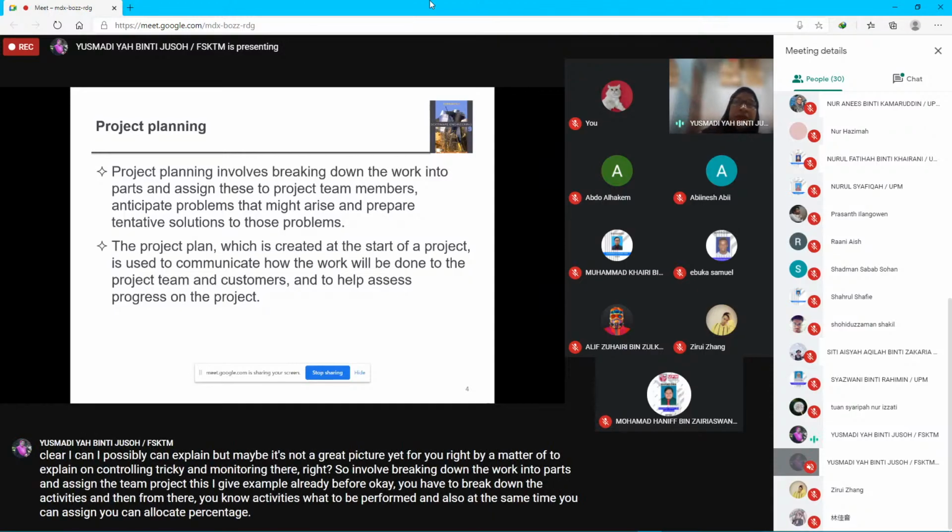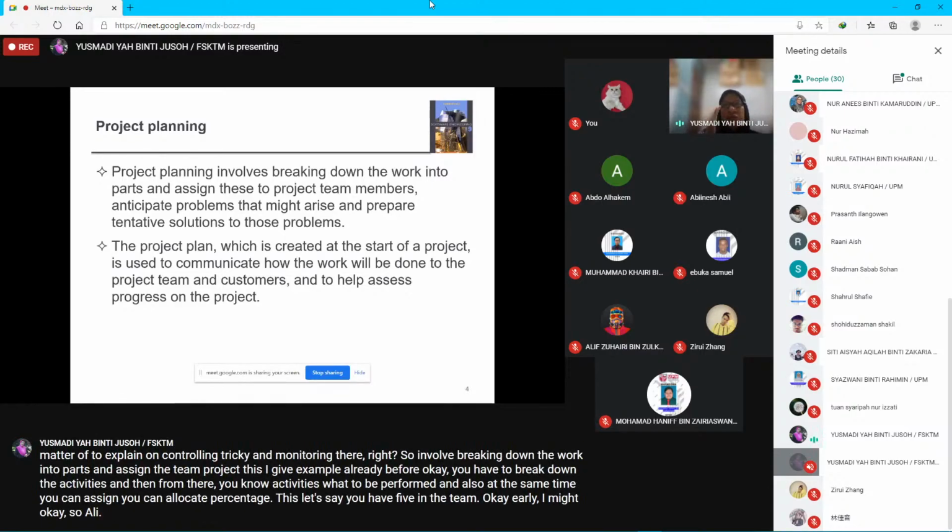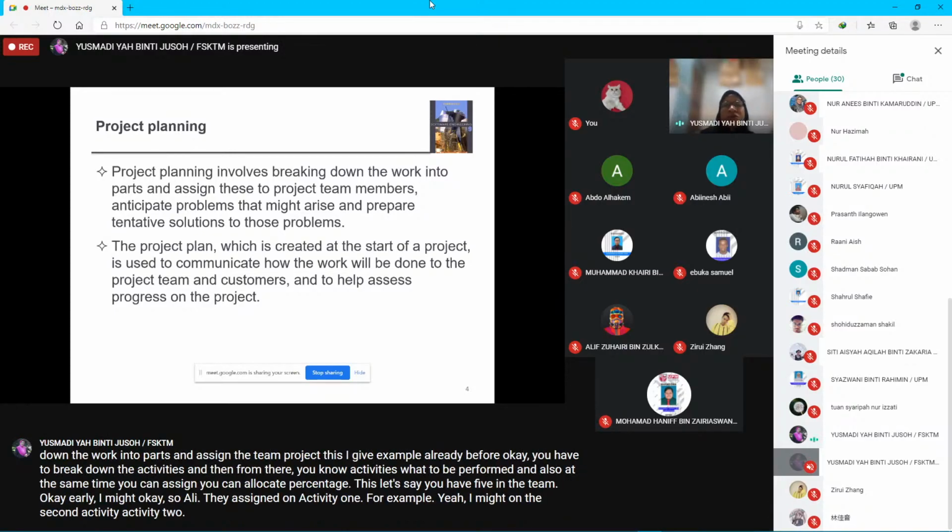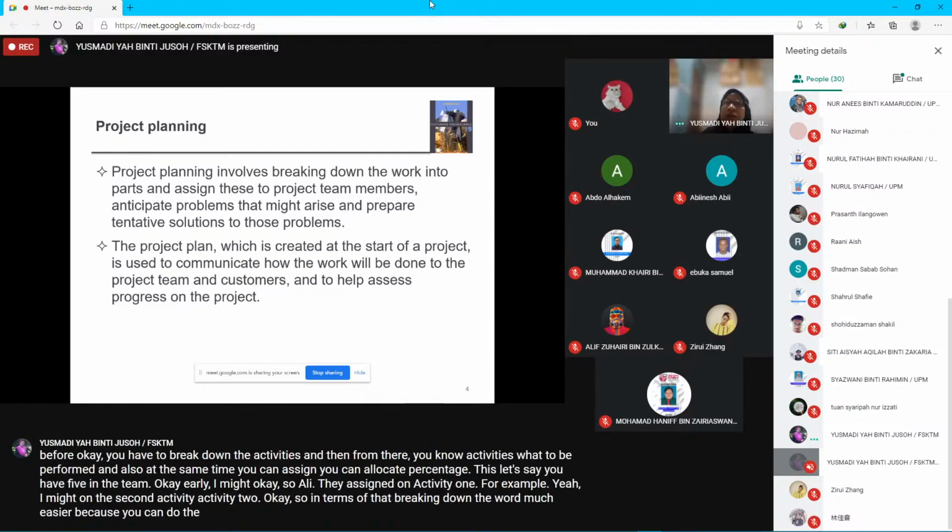Let's say you have 5 in the team, Ali, Ahmad. So Ali is assigned on activity 1, for example, Ahmad on the second activity, activity 2. In terms of that, breaking down the work is much easier because you can do the controlling, monitoring, all that, right?